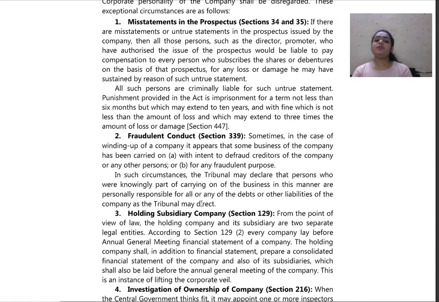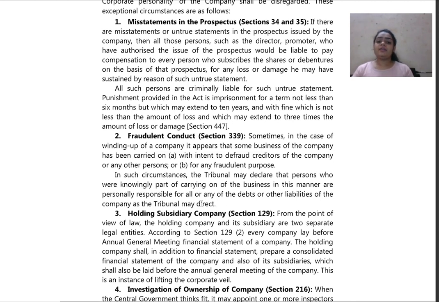So in this case, if there is a misstatement in the prospectus, the person who is liable shall be punished with imprisonment for not less than 6 months, which may extend to 10 years depending upon the amount of loss or the crime committed, and shall be criminally liable and fined an amount not less than the amount of loss to the third party, which may extend to 3 times the amount of loss or damage caused to the party, under section 447.